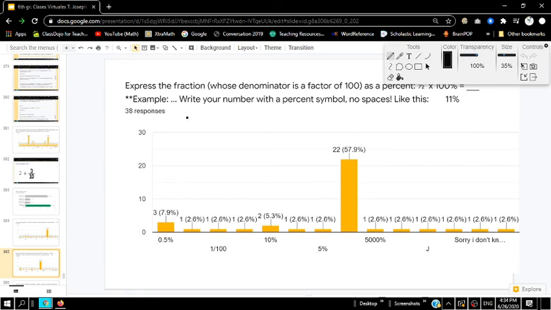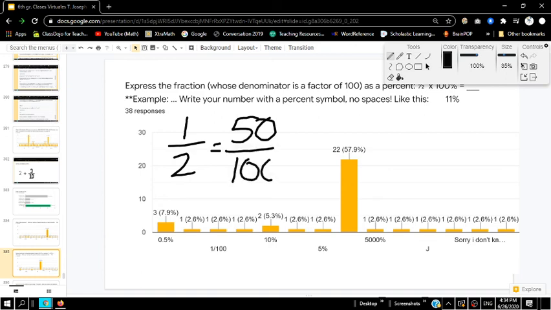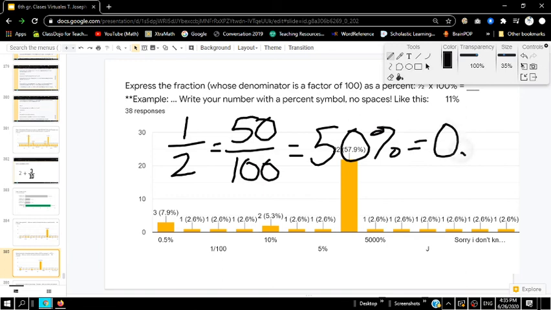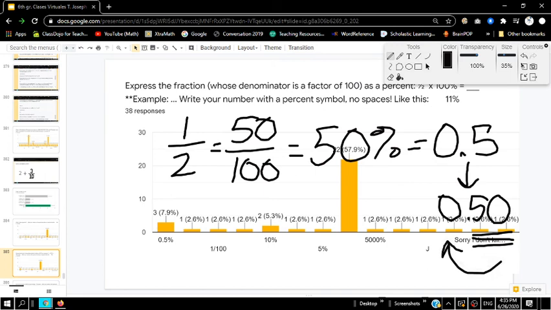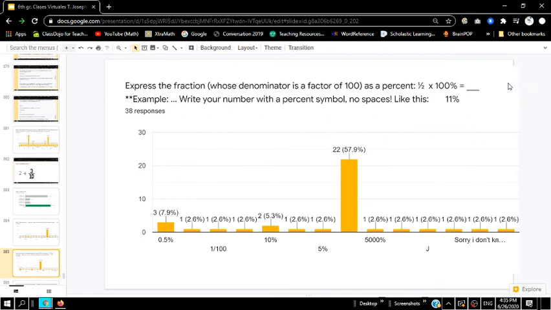If we have 1/2, that is equal to 50 over 100, which equals 50%, or you can change that to a decimal, 0.5, which is the same as 0.50, okay? Because we're looking at the portion of the number out of the whole number. All right, so far so good, I think.